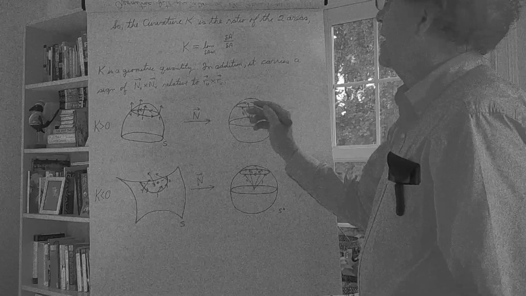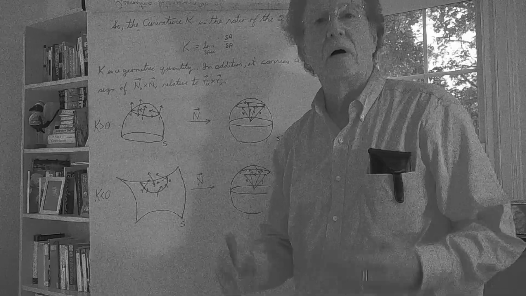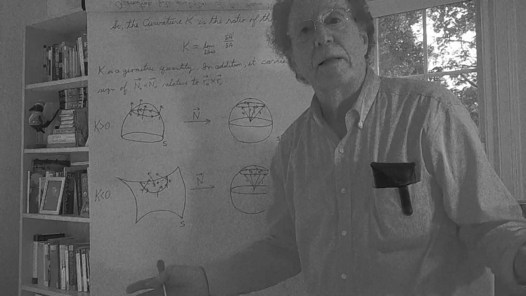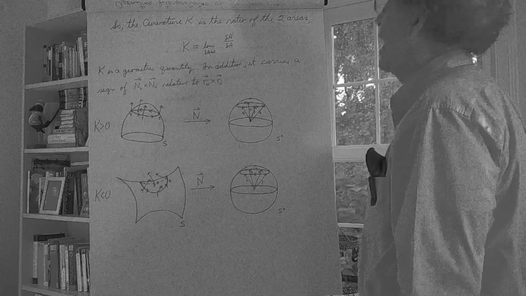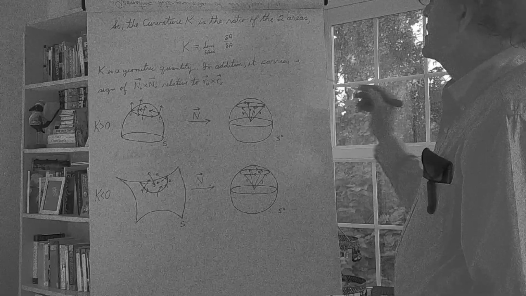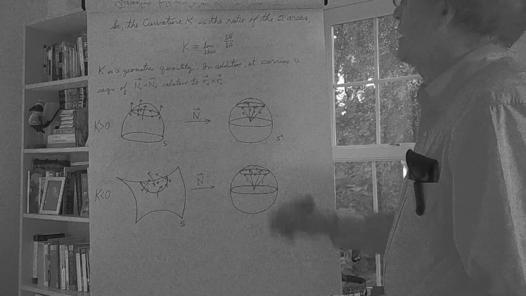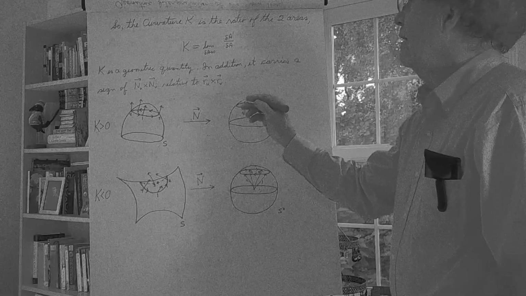K is a geometric quantity, right? There's nothing left in here except the ratio of areas. All of the dependence on the coordinatization is gone. So it's just the ratio of geometric objects. It's a geometric quantity.